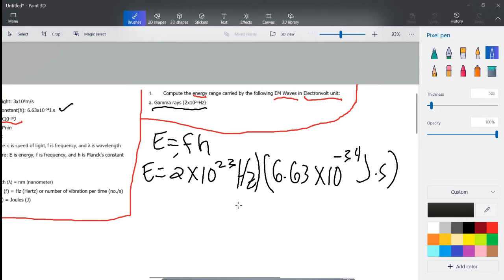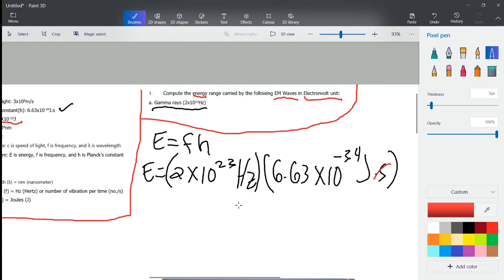Since it can cancel out some units, we have seconds, and hertz is vibrations per second, so hertz cancels out. We are left with joules, the unit of energy.